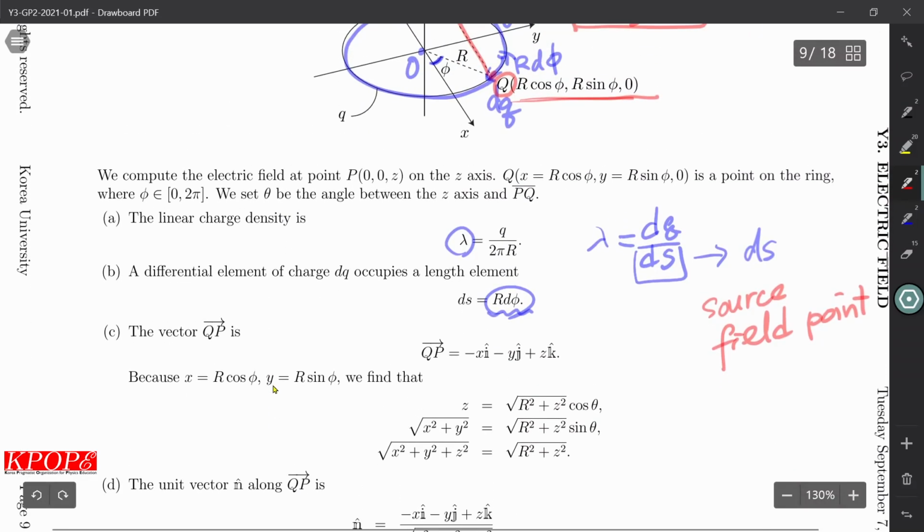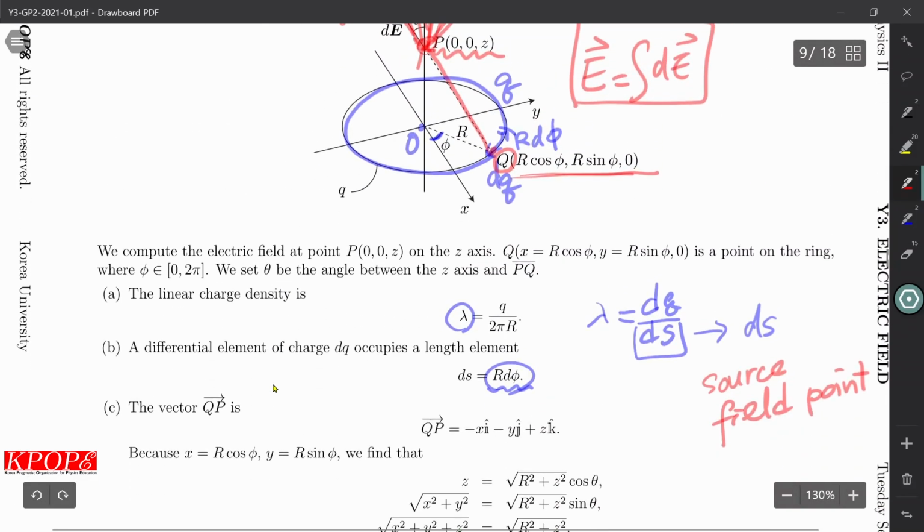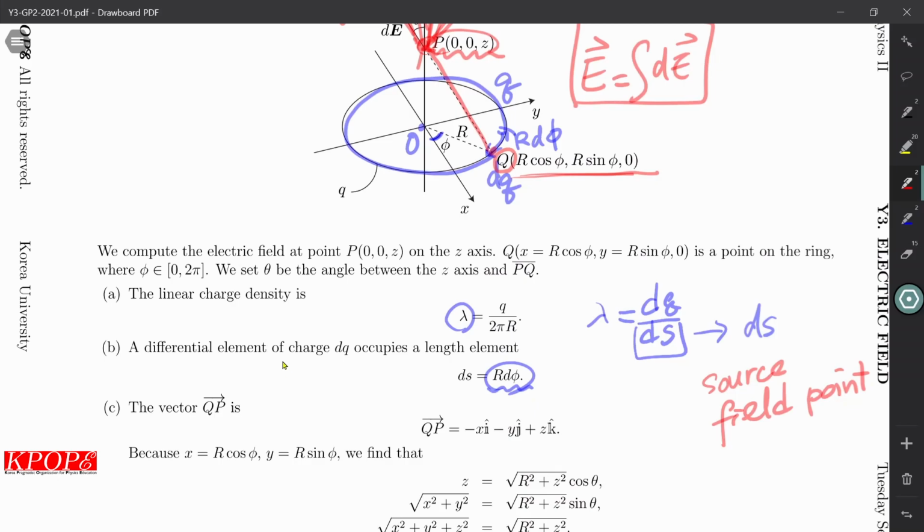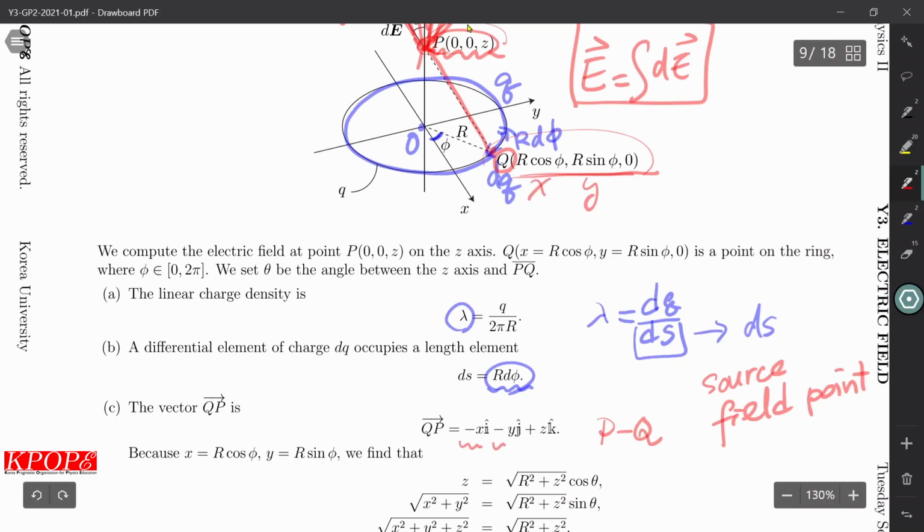So substituting this result, what is QP? This P is in here. QP means P minus Q, right? Coordinates of P minus coordinates of Q.